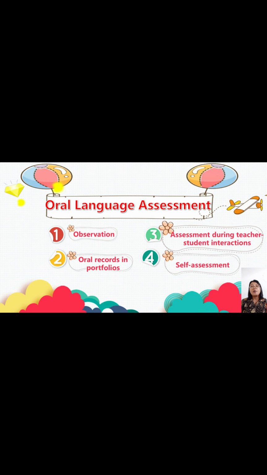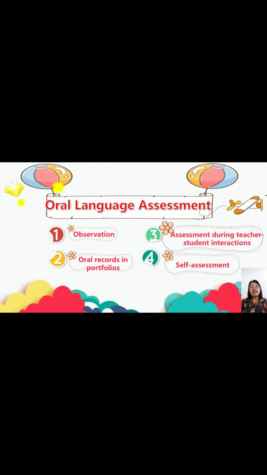That's one. Observation is the central tool for assessment of oral language in the classroom. Oral language is used in classroom management, for example, when the teacher tells students to settle down. And then the second, oral records in a portfolio.